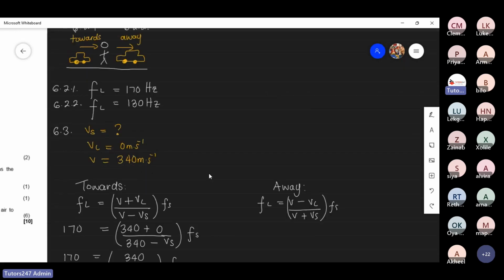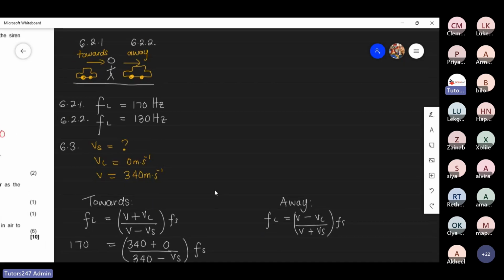Now, in our away equation, we have FL. Let us see what the value of FL is. Question 6.2.2 asks what the frequency of the listener is when the object is moving away. As you can see, the frequency of the listener when the police car is moving away from the listener is 130 hertz.